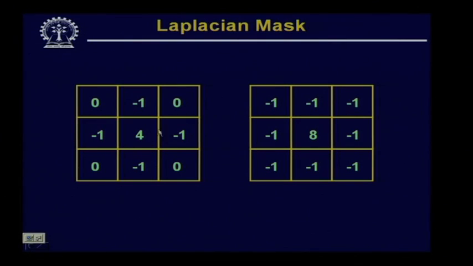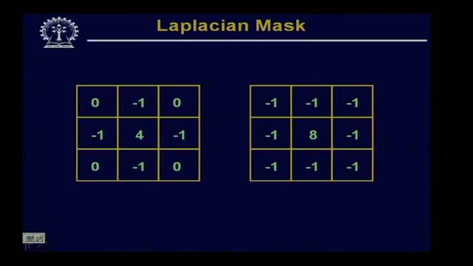And in the spatial domain, the Laplacian operator that we have used earlier was of similar nature. In the Laplacian mask that we have used, the center pixel has a positive value, whereas all the neighboring pixels have negative values. And this is true for both the Laplacian masks, whether I consider only the vertical and horizontal components, or along with vertical and horizontal components, I also consider the diagonal components.